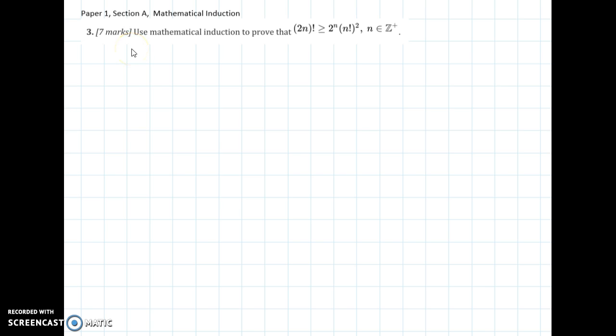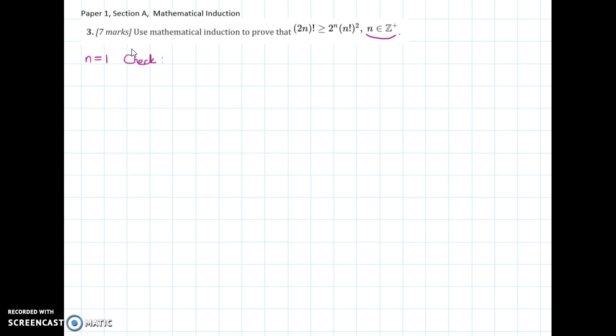We begin by proving the base case, that is, for the first possible value of n, we prove that the statement is true. Since this says that n belongs to the positive integers, our first possible value is n equals 1.